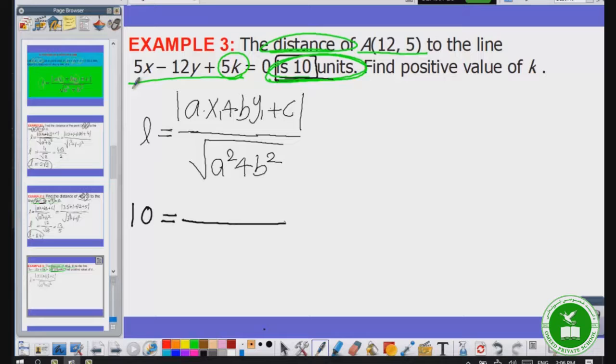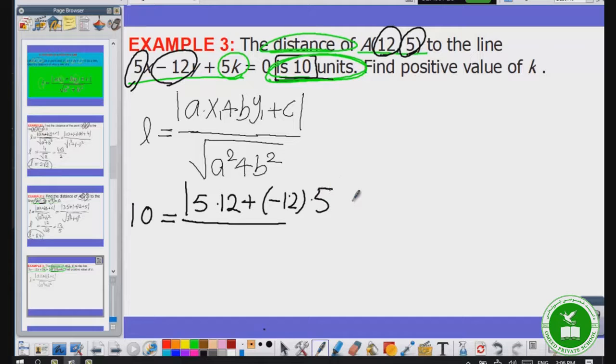A is how much? It is 5. 5 times. x1 is how much? 12, plus. B is how much? It's minus 12. Minus 12 times y1, how much? Here it is 5.